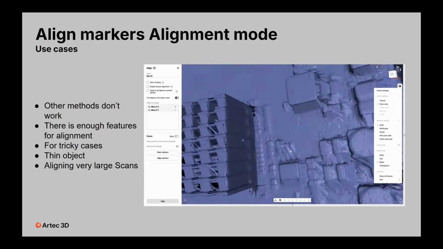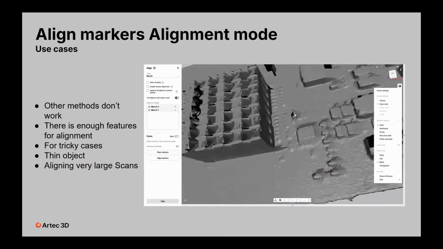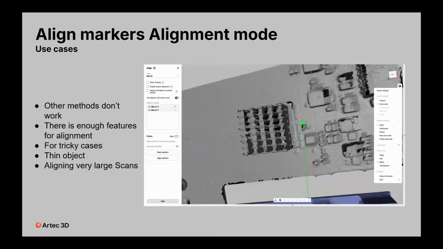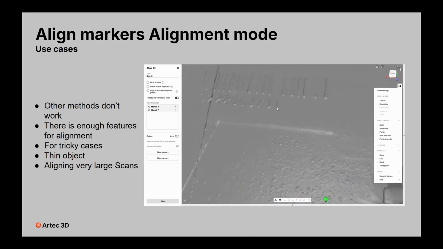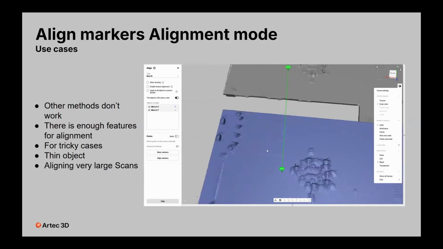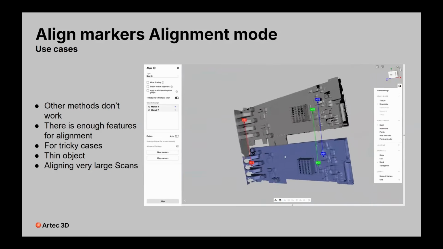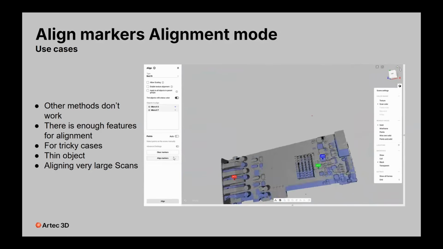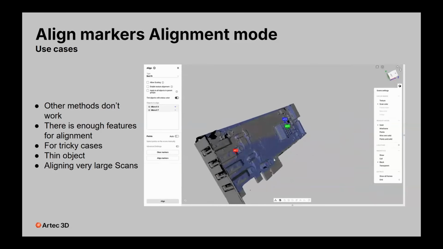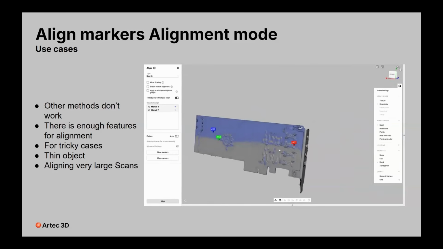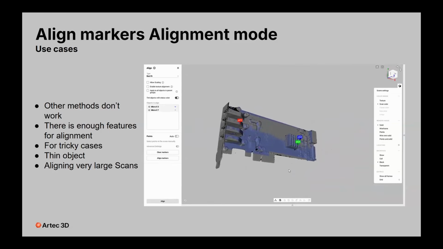It is very similar to the manual alignment mode at first glance, but there is one huge difference between them. As in the case with the manual alignment, here you need to set the pairs of markers on your scans, as you can see on the GIF on the right.